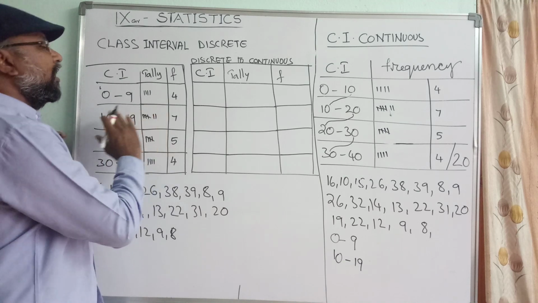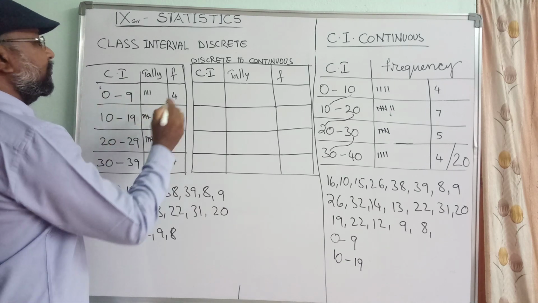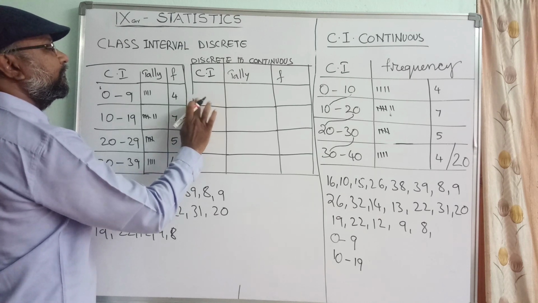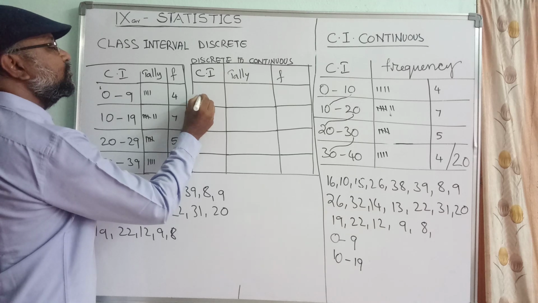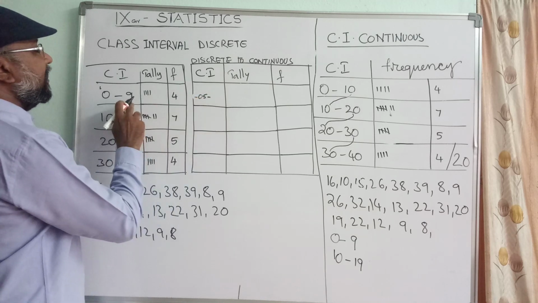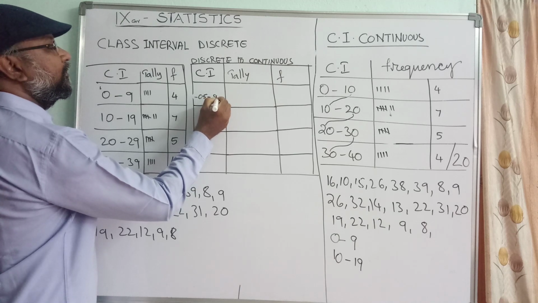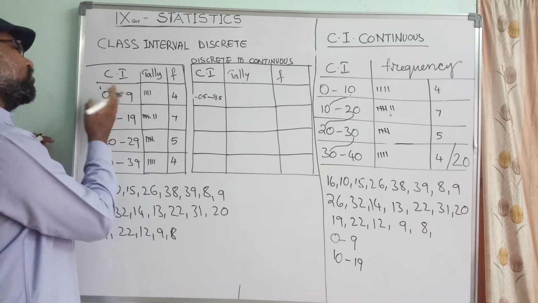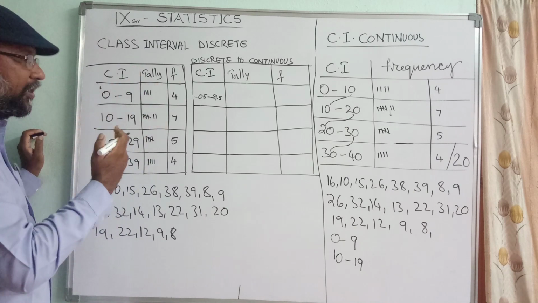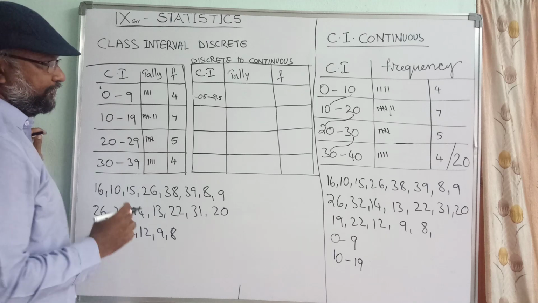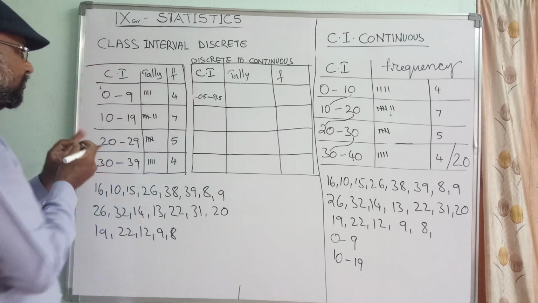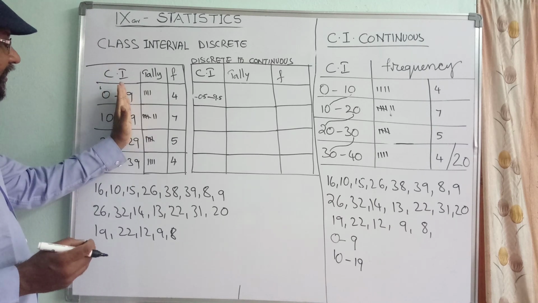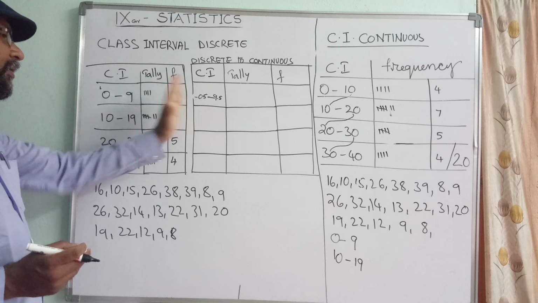If you want to convert discrete to continuous, you have to reduce 0.5 from the lower limit. 0.5 from 0 means negative 0.5. You have to reduce 0.5 from all the lower limits. You have to increase 0.5 to all upper limits.